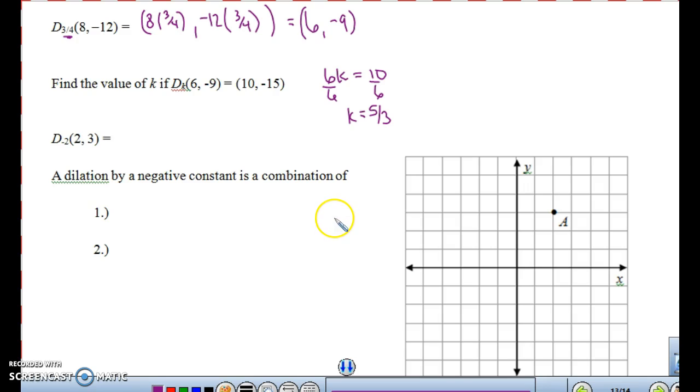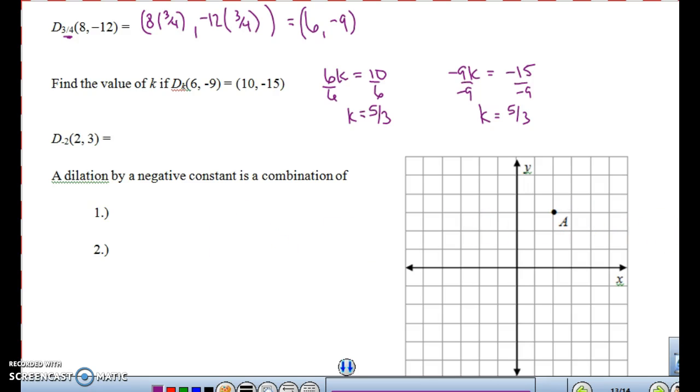Now, it doesn't matter which coordinate you do because it's multiplied by the same factor. So if you did it for y, it'd work the same way. Negative 9 times k should give you negative 15. Divide by negative 9. Negative divided by a negative is a positive, and this reduces to be 5/3. Remember, both coordinates are multiplied by the same thing, so if you set it up as a factor, it works.